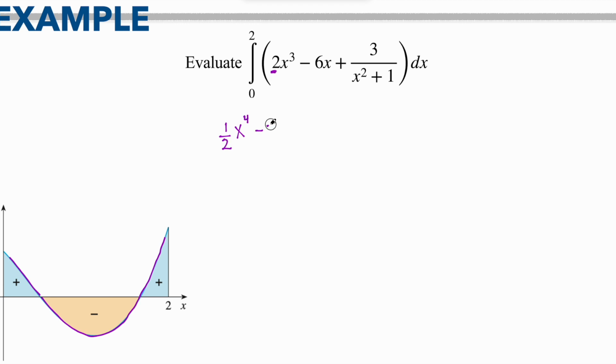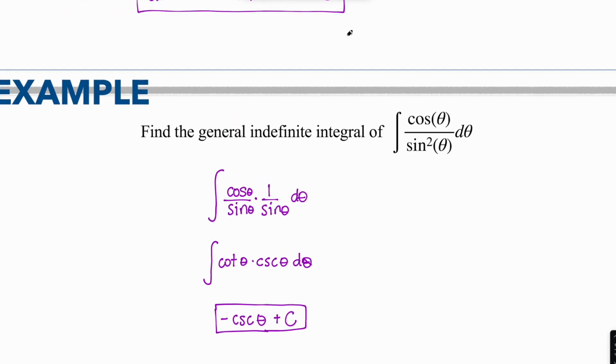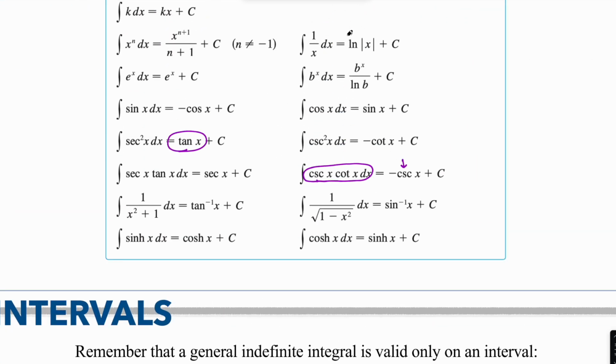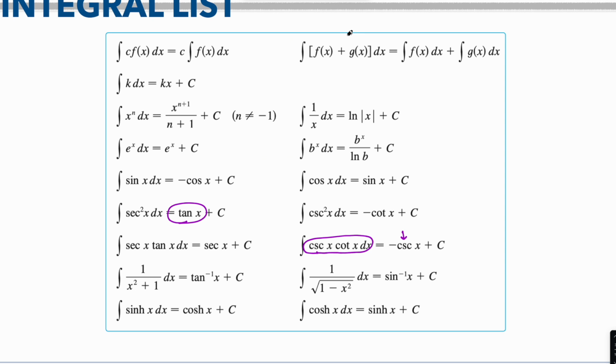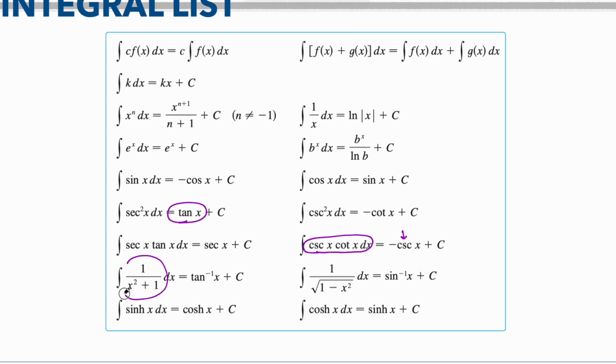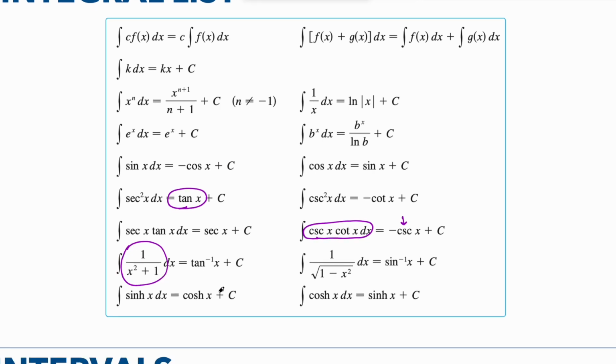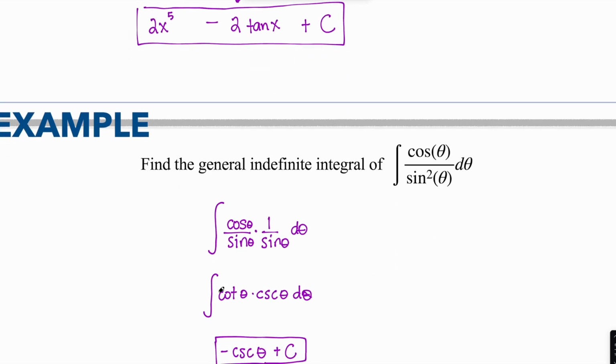Negative 6x is going to be negative 3x squared. And then this right here, 1 over x squared plus 1, is the inverse tangent.